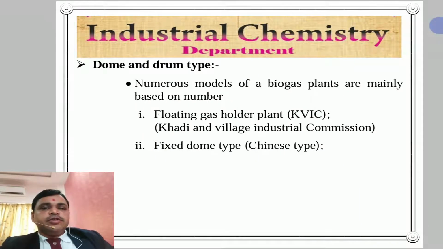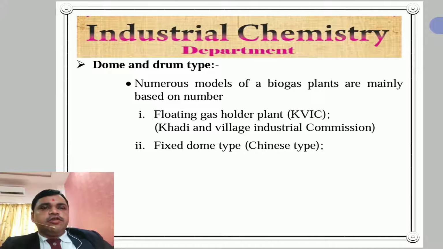Now, number 2, the main classification: dome and drum type biogas plant. Numerous models of biogas plants are mainly based on number 1, the floating gas holder plant, known as KVIC, Khadi and Village Industries Commission.